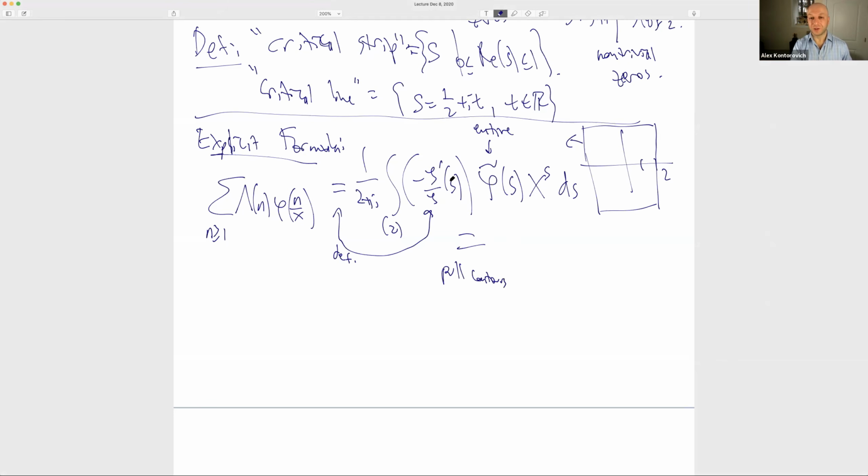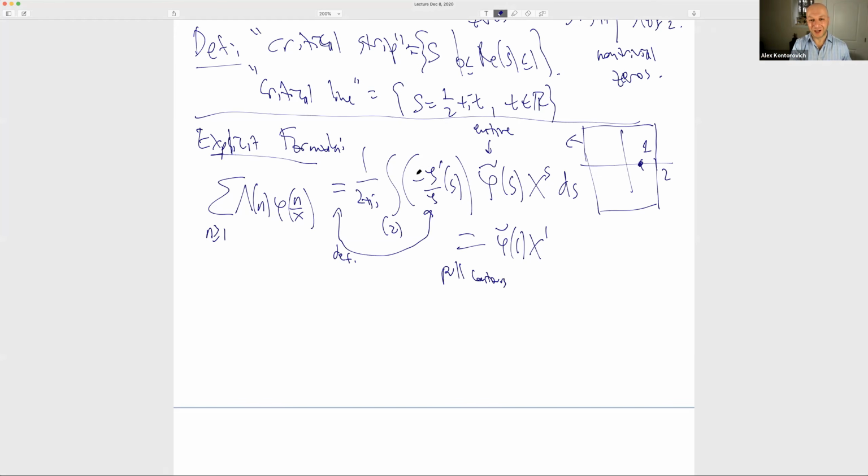We pick up poles and we pick up residues from the zeros and poles of zeta, which are the poles of the logarithmic derivative of zeta. So there's a contribution at 1. So this is phi tilde at 1, x to the 1. And again, the beautiful thing about the logarithmic derivative is the residue is always 1 or -1, depending on if you have a pole or a zero.